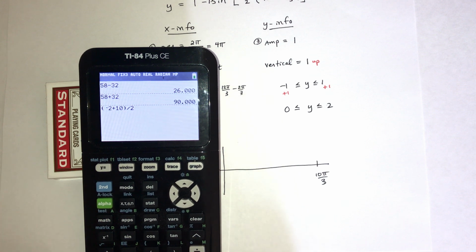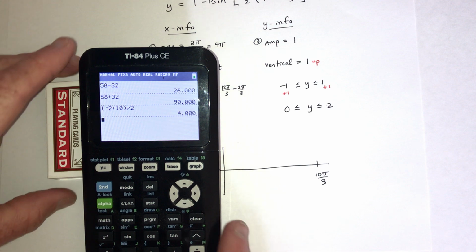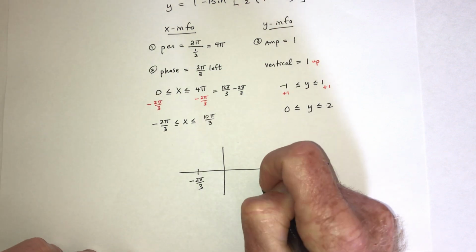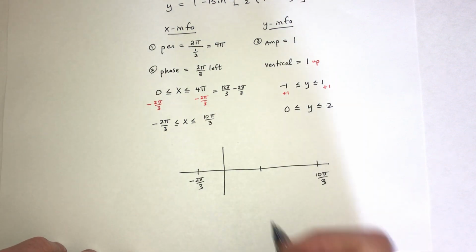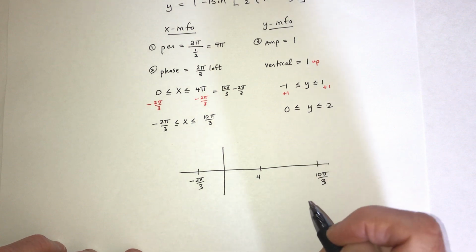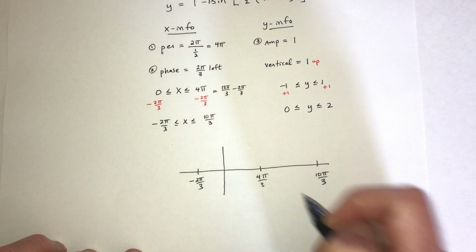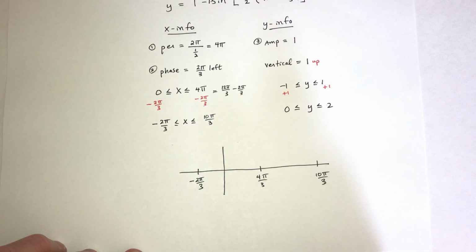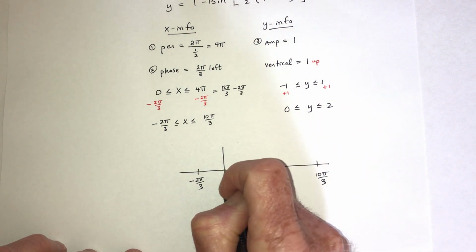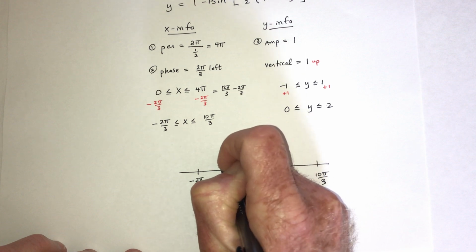So add them up and divide by 2, equals 4. So right here in the middle, yep, that looks like the middle, is 4, and then they're both pi over 3, so this must be 4 pi over 3. And then the y values are going to go from 0 to 2.